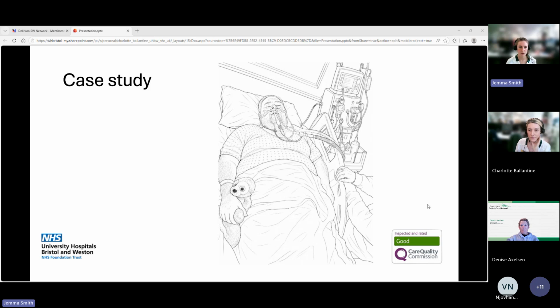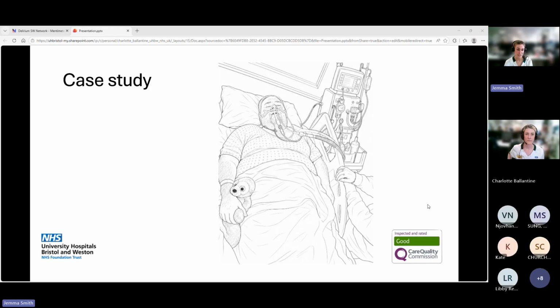What about his social history? What have we maybe been able to indicate from gathering that? Yes, might need more support with functional rehab.